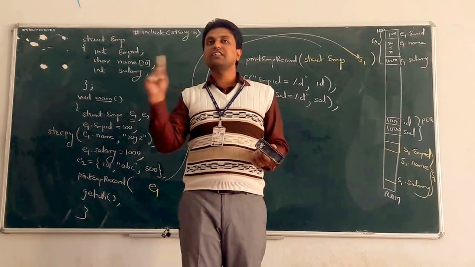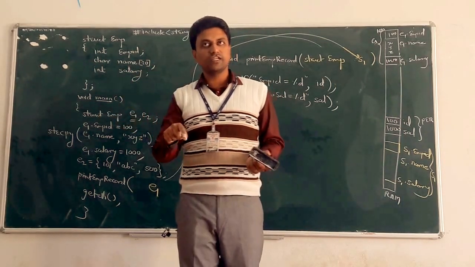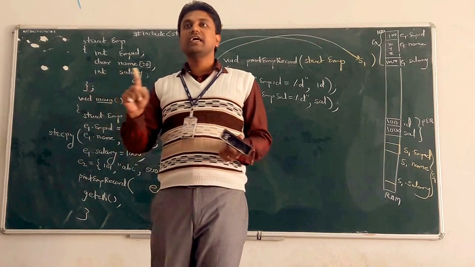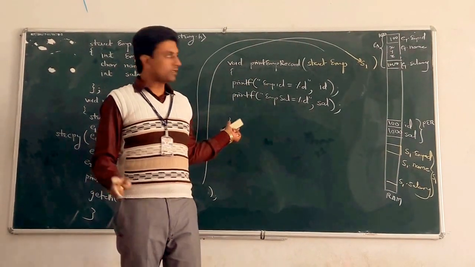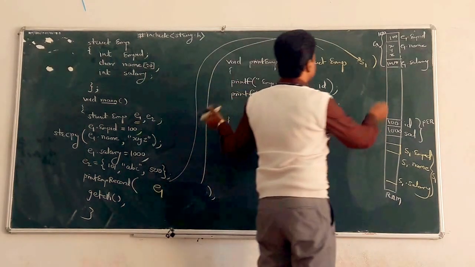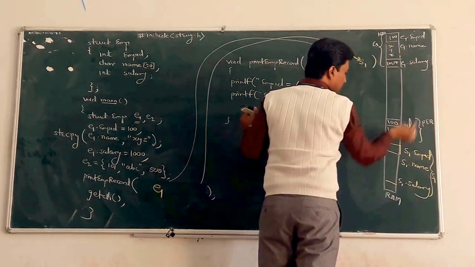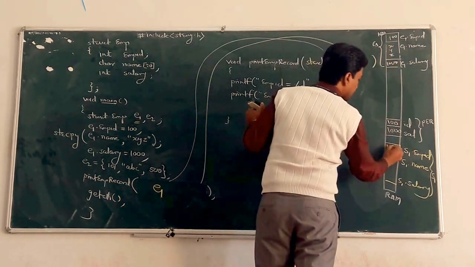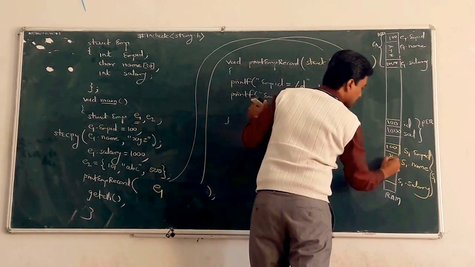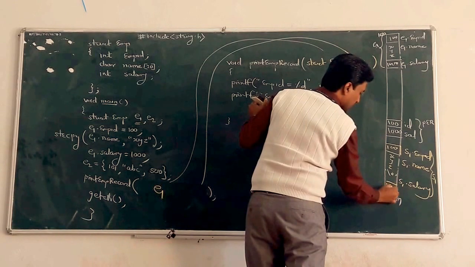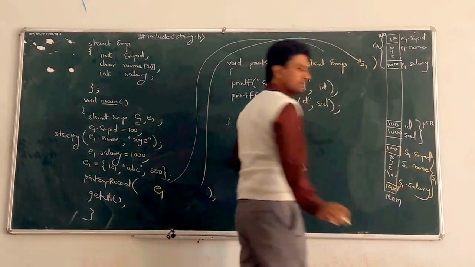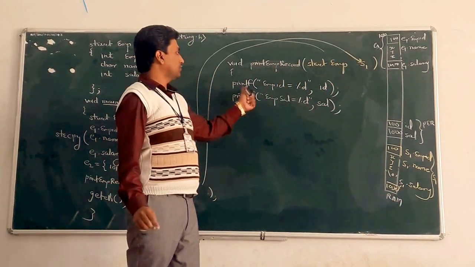We can assign one structure variable to another structure variable if and only if they are of the same type. Clear? So data member by data member, all the record is copied from E1 to S1. That is 100, next is XYZ and \0, and whatever the salary is, that is 1000, is copied here. Okay. Now we want to display.